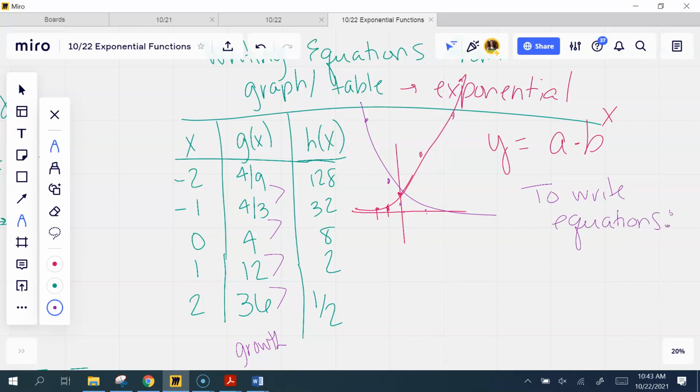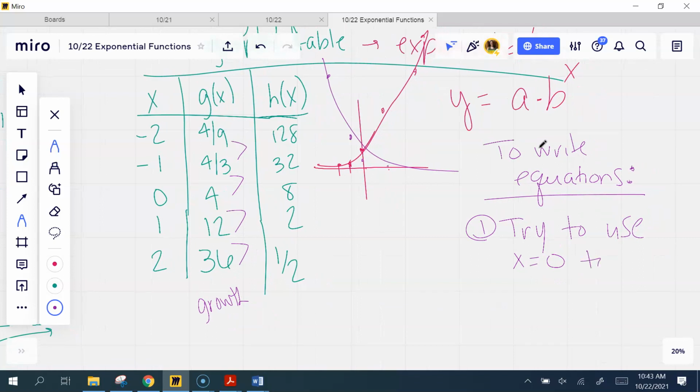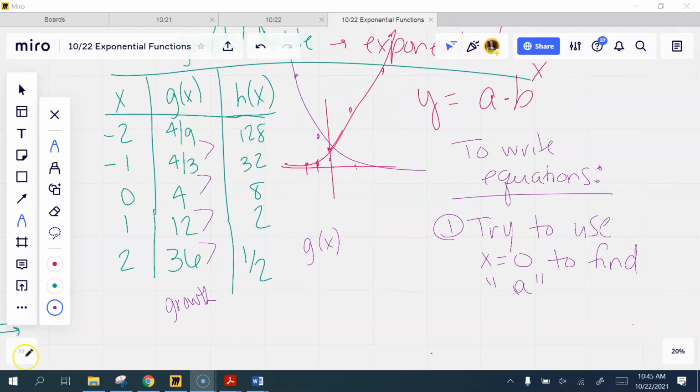A is 4? You think so? How did you get that? What'd you do? That's exactly right. Try to use your point for x equals 0 to find your A. There it is, 0, 4.